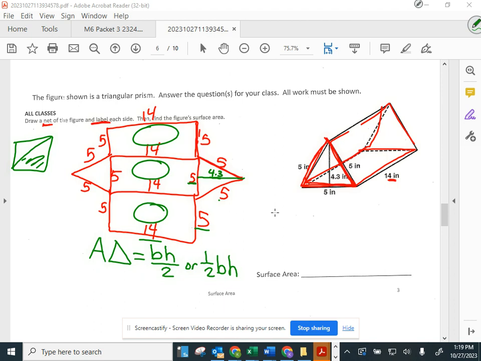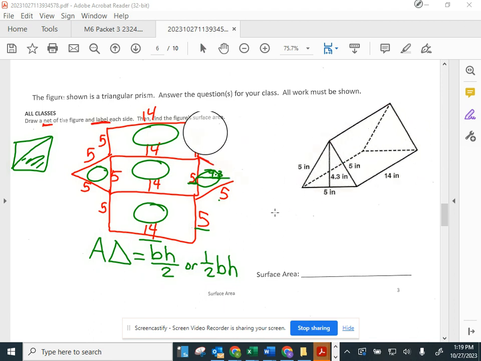So yes, triangular prisms can be different, just like rectangular prisms could be different size rectangles. I went based off of the shape of triangle that was on the page. So to find that surface area, you need to find all 5 areas, add them together.